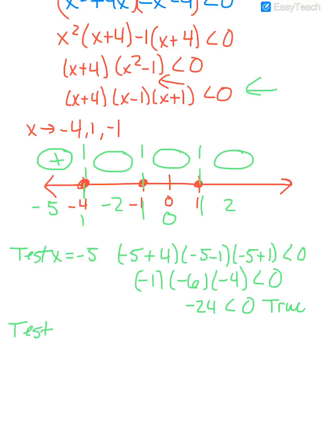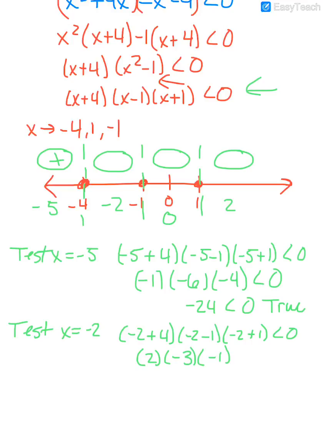So I said when x is equal to negative 2, so I plug that in. Okay, so negative 2 plus 4 is 2. Negative 2 minus 1 is negative 3. Negative 2 plus 1 is negative 1. So that gets me 6. That is not less than 0, so that would be false.